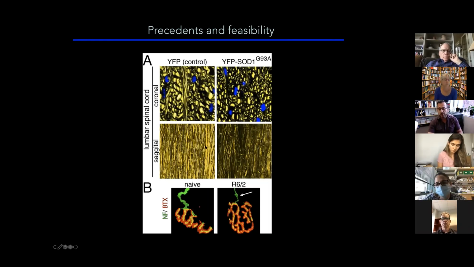This is the beautiful organization of axons that you see in sagittal sections of this particular YFP reporter, the neuromuscular junction. And then you actually can see dramatic degeneration of those axons in the G93A mice.